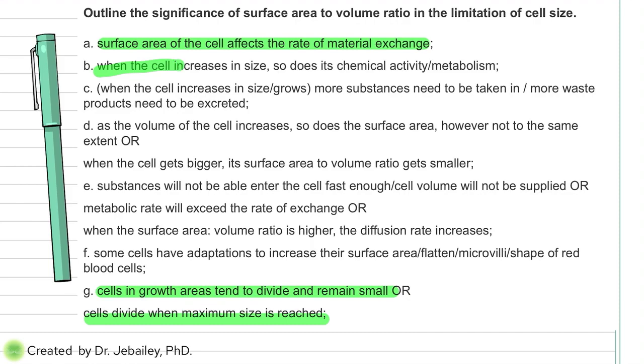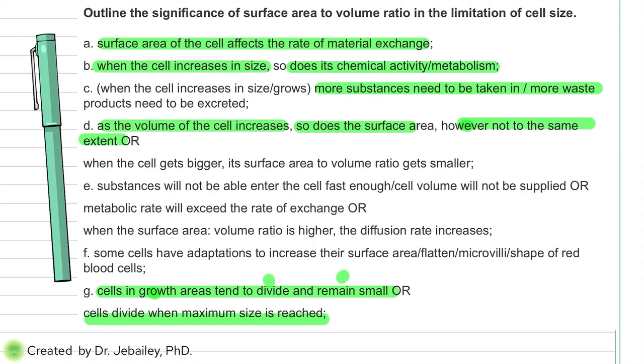If the cell is getting bigger in size, that means there's more chemical reaction, which means more substance needs to be taken in or out. And if the volume increases so much, the surface area will increase. However, it's going to reach a point that is not going to be good enough, right? And if this happens, the cell tends to divide and remain small.